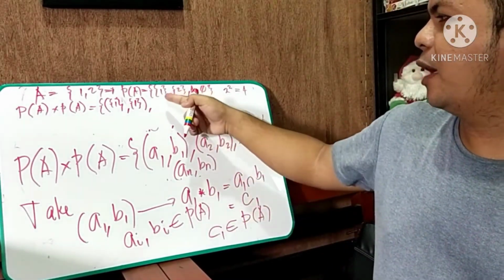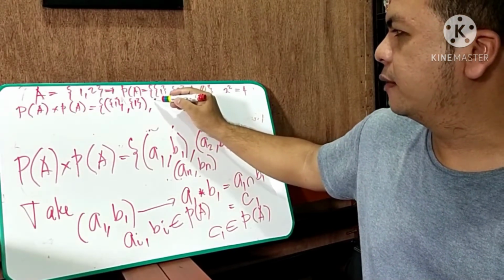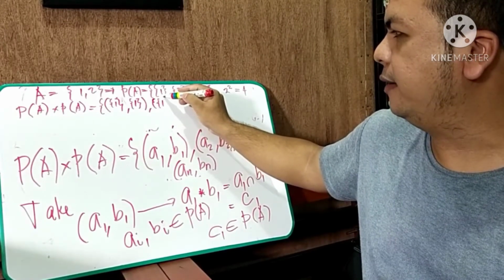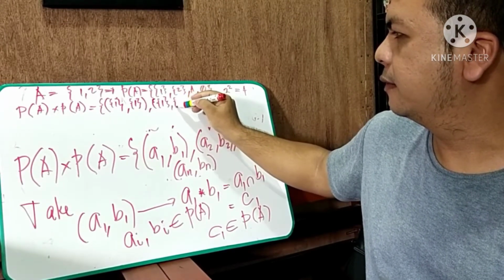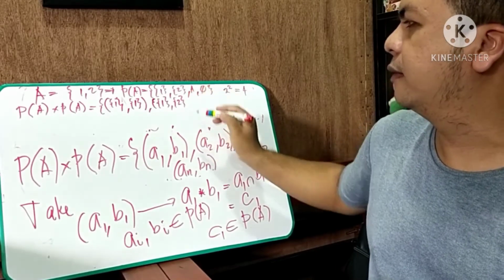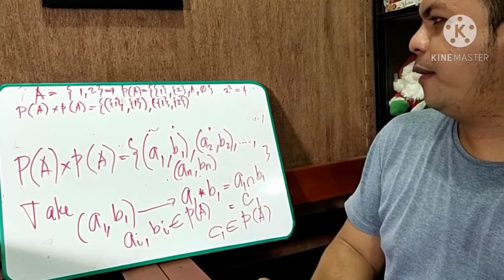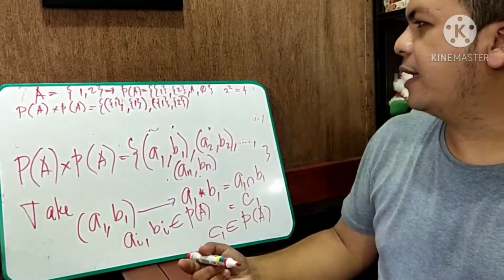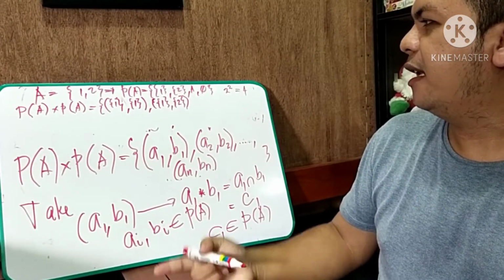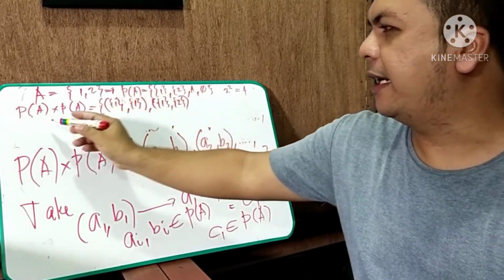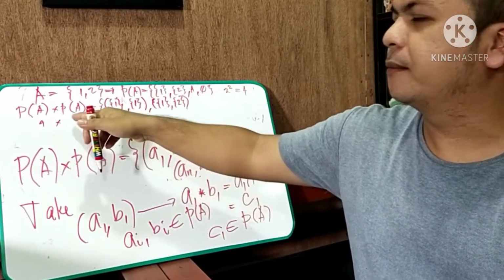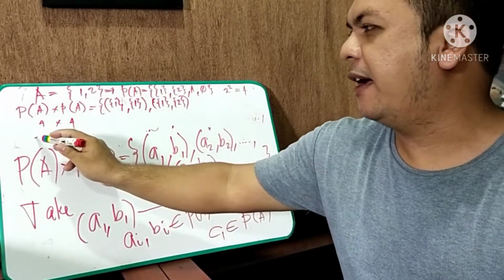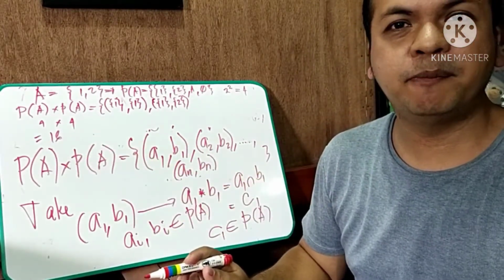Tapos, then we have 1, 2. Then, okay, so expect natin na meron tayong 4 times 4, kasi 4 yung elements ng P of A natin, so expect natin na we have 16 ordered pairs.